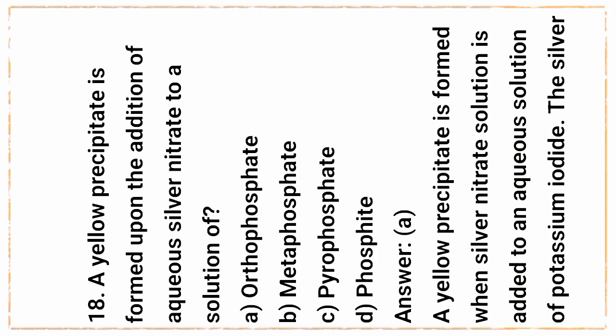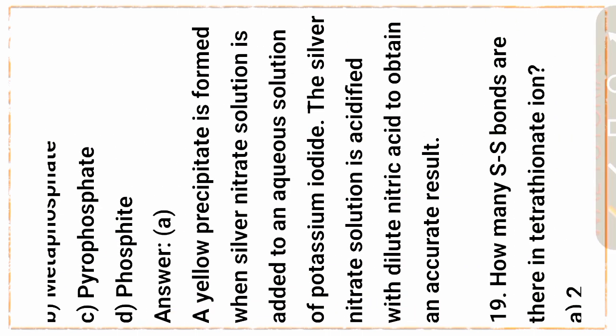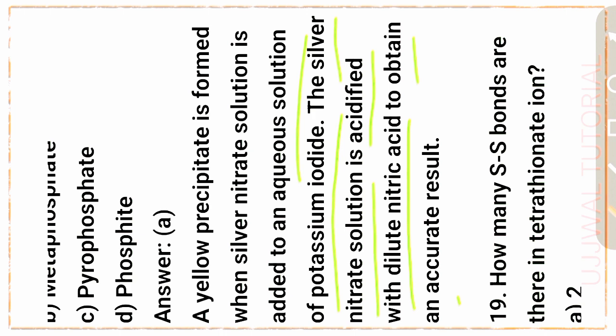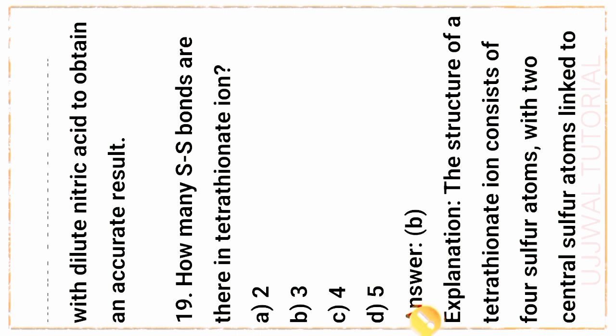Explanation: a yellow precipitate is formed when silver nitrate solution is added to an aqueous solution of potassium iodide. The silver nitrate solution is acidified with dilute nitric acid to obtain an accurate result. Next question, question number 19.